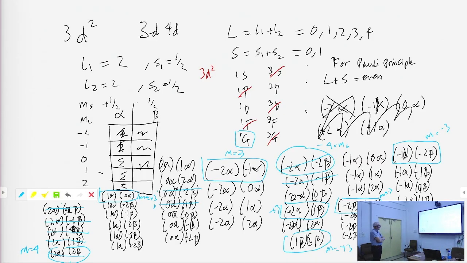Anyone see it? Beta beta, where the two numbers add up to minus 3. So it would be this one, it would come from there. So I started with beta being minus 2 in the left-hand one.